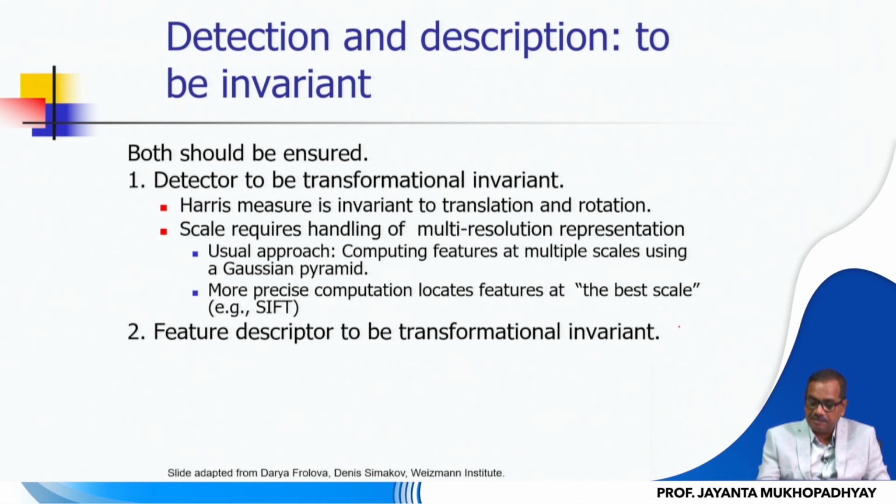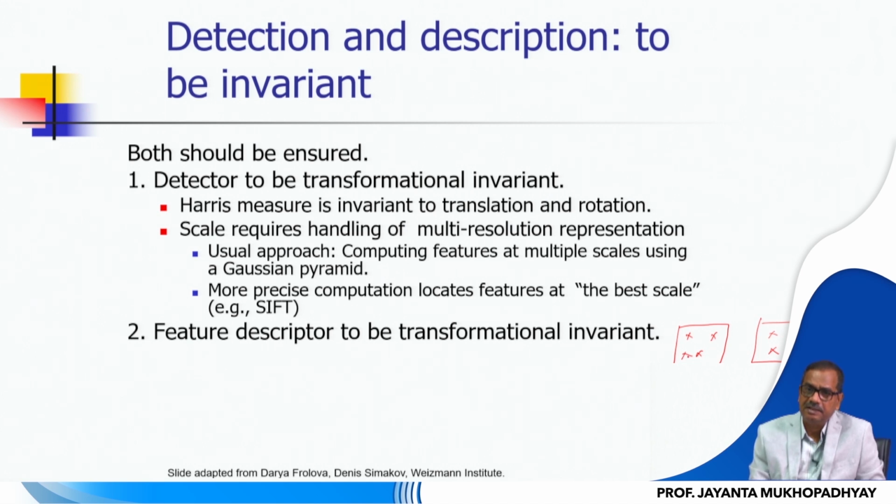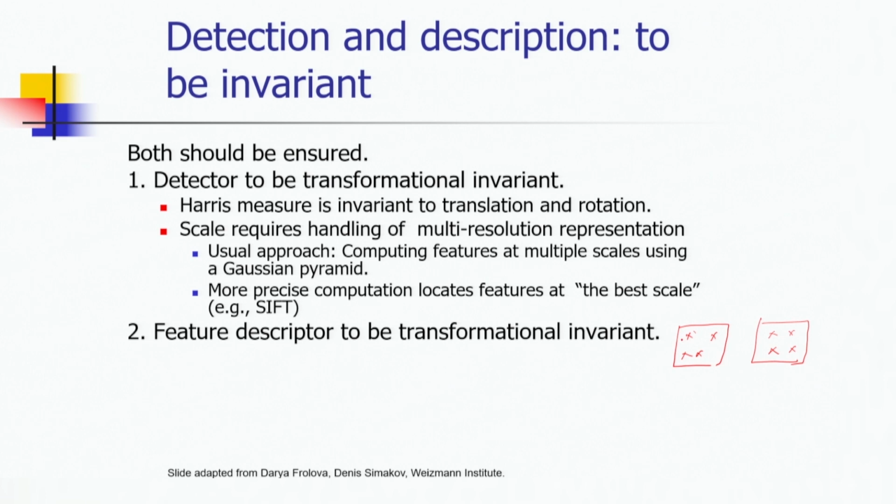Say one of them is a reference image where I have a set of key points, and this is my target image, and we have a set of key points. Through detectors we have detected these key points, but we ensure that for this point, out of the candidates there exists one which is similar to this.